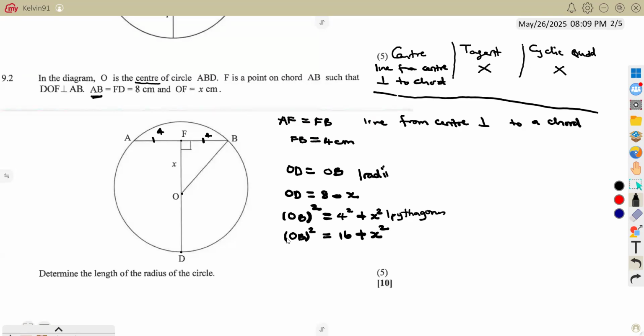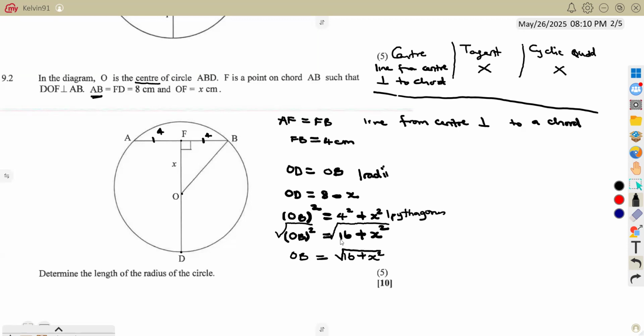But we want OB, so if we take the square root of both sides, take note, we are not going to take the negative root because we are talking of distance. So OB must be equal to the square root of 16 plus X squared.